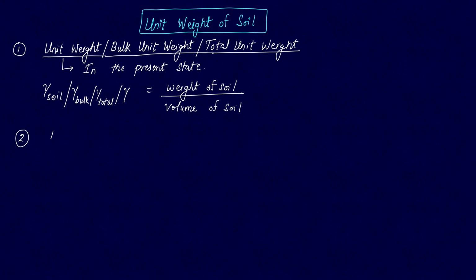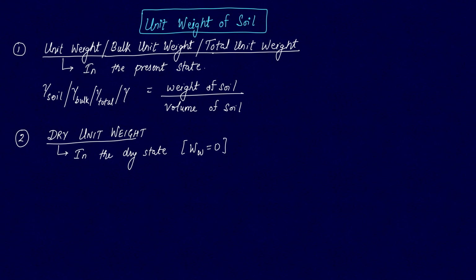Now let us move ahead to the second type of unit weight, that is the dry unit weight of soil. As the name suggests, that is the unit weight of soil in the dry state. If I am saying that the soil is in dry state, that means the weight of water will be equal to 0. For the first one, the weight of soil was the weight of water plus weight of solids plus weight of air.